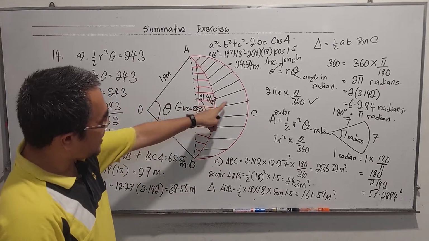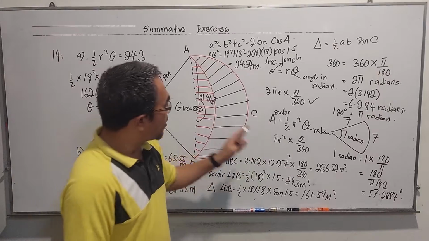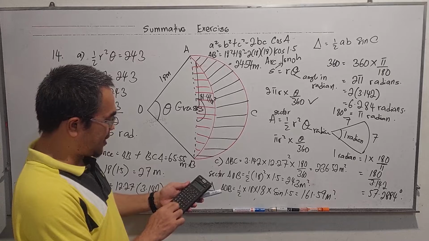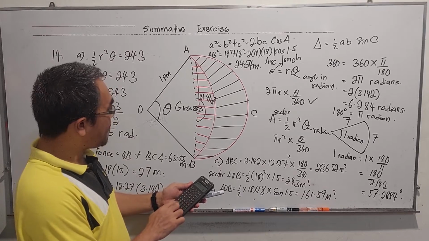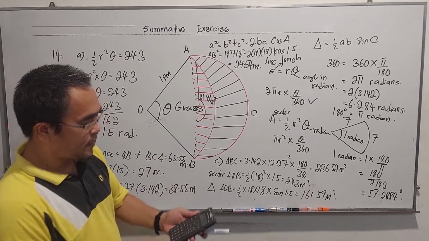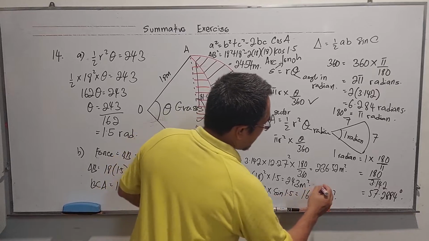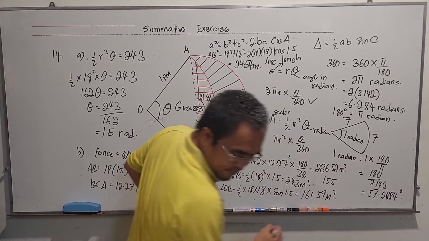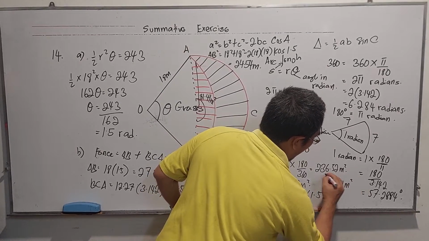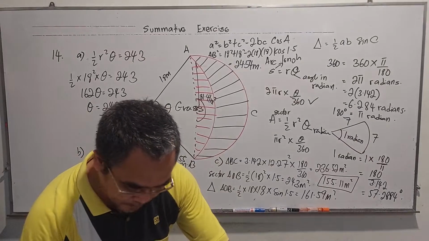So the whole thing is 236.52. To calculate the black shaded region, it is 236.52 minus 81.41. It will be 155.11. So the answer for C will be 155.11 meters squared. That is the final answer.